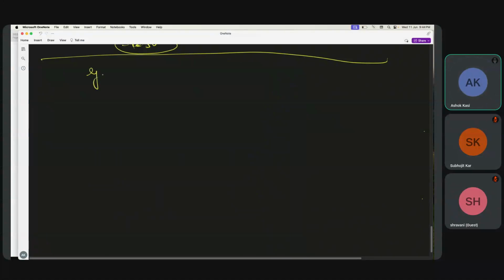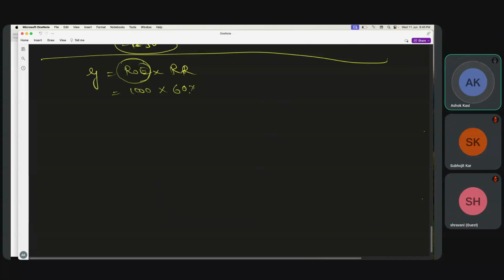So growth is equal to return on equity into retention rate. Okay, return on equity into retention rate. That means overall return on equity. Imagine 1,000 rupees you have got as return. Out of that, imagine retention ratio, let's say 60 percentage is the retention ratio. What happened to the remaining 40 percentage?